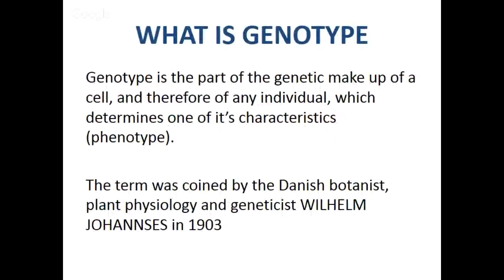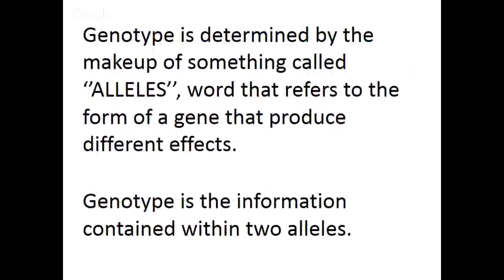Genotype is the part of the genetic makeup of a cell, and therefore of an individual, which determines one of its characteristics, which is phenotype. The term was coined by the Danish botanist, plant physiologist, and geneticist Wilhelm Johannsen. He said genotype is determined by the makeup of something called an allele, the word that refers to the form of a gene that produces different effects.